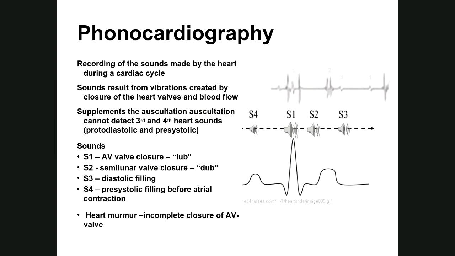So we hear like lub, dub, lub, then silence, dub, lub, little silence, dub. So the sound S1 corresponds to the atrioventricular valves closing, and S2 to the semilunar valves closing.